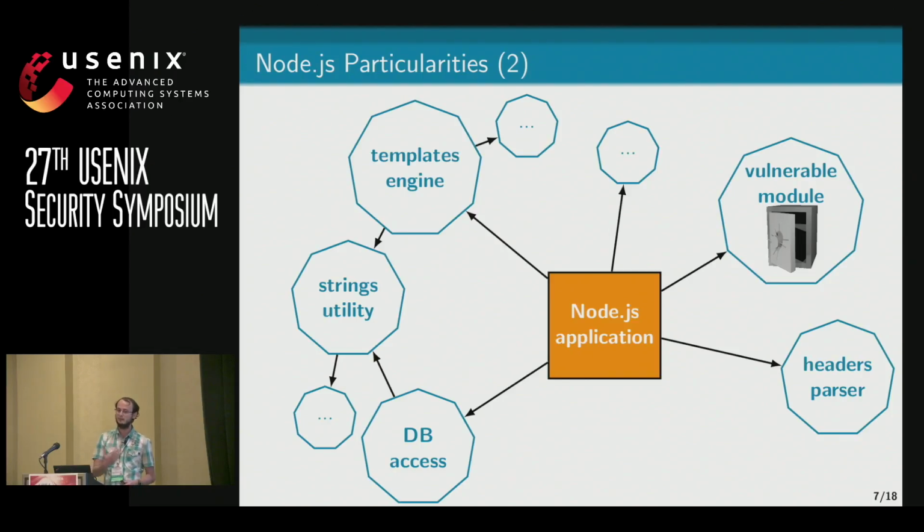Maybe the website sanitizes and makes sure that the module is used in a secure way. So I think our methodology basically tries to bridge this gap between a vulnerable module and a vulnerable Node.js application.